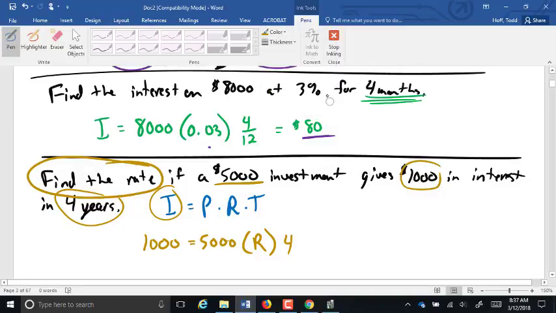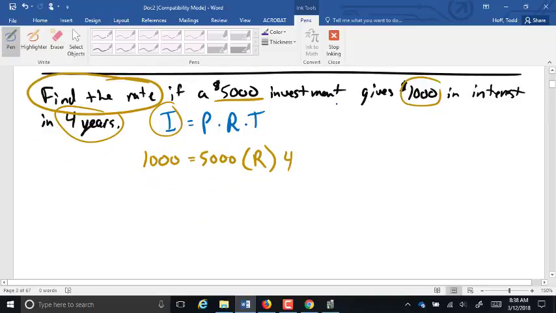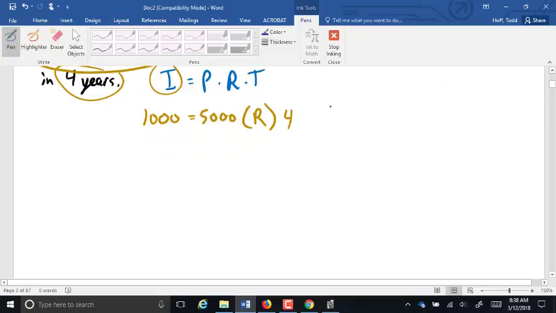Now remember, when we solve equations, the first thing we have to do is see if there's anything we can combine on either side of the equation. Well, in this equation, there is. We have the 5,000 times 4, which is 20,000. The left side, the 1,000 doesn't change.